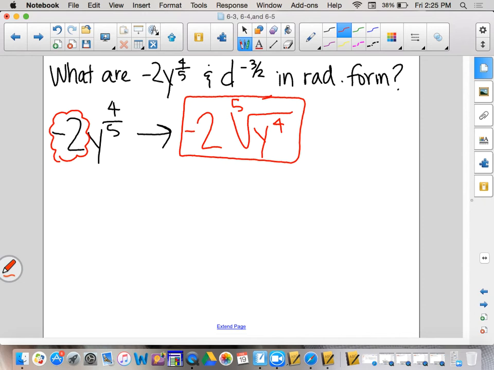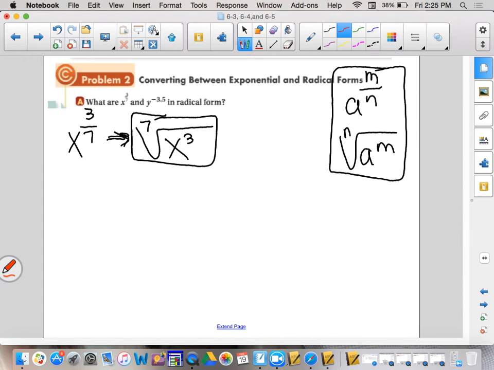Now we're fixing to add just a little bit harder one. So let's go back to this one now. It says y raised to the negative 3.5. Well, obviously, all day long we've been dealing with fractions right here, correct? So we need to take that negative 3.5 and turn it into a fraction. How do I do that?